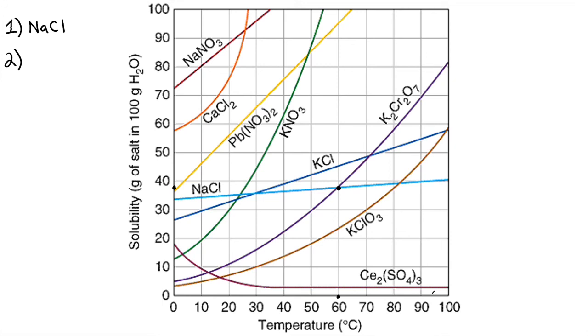I'm going to mark this in red, and 80. Moving to meet it, I'm plotting my dot, and I need to know which substance I'm looking at. The problem asks for potassium chloride. So potassium chloride is a dark blue line, circling it in red here. That point is below the curve. So below the curve means unsaturated.